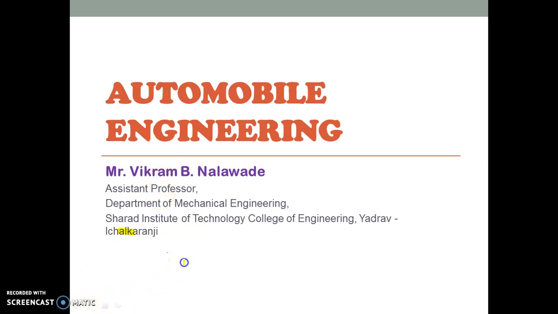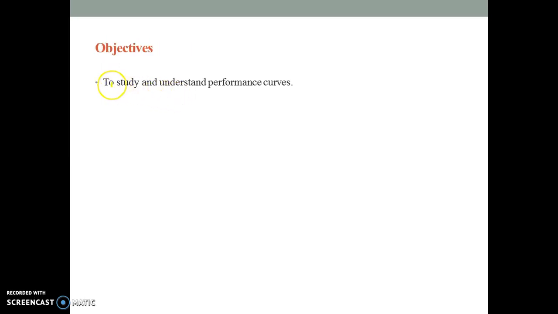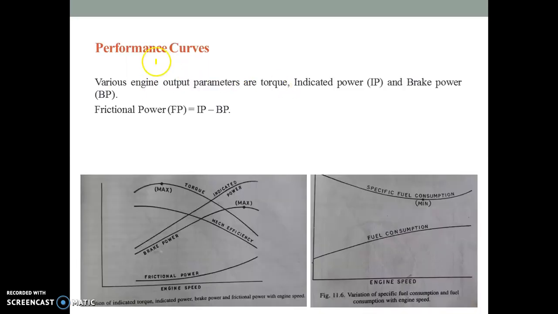So let's start from the content. We'll discuss the objectives as well as the performance curves based on the previous data discussed in last lecture. So the objective is to study and understand the performance curves. So let's start with the performance curves.